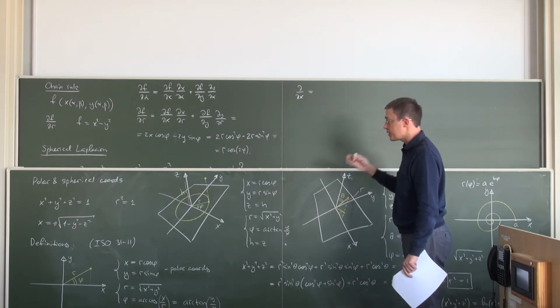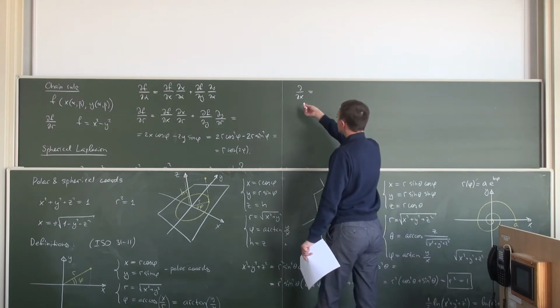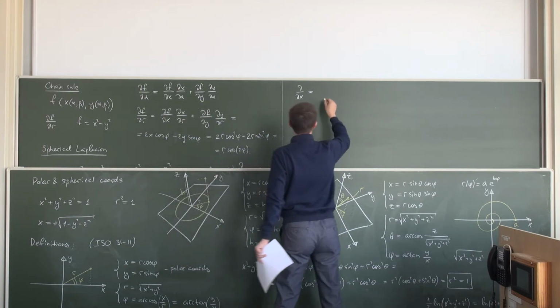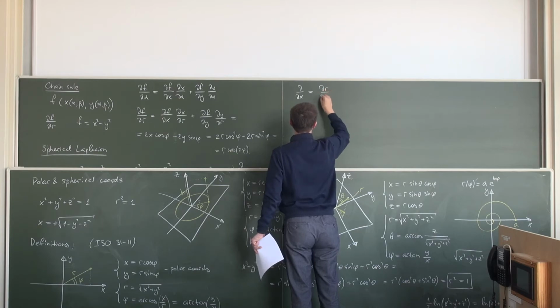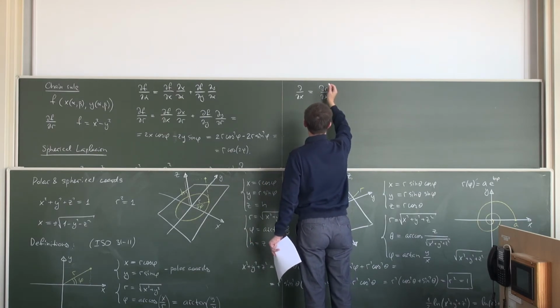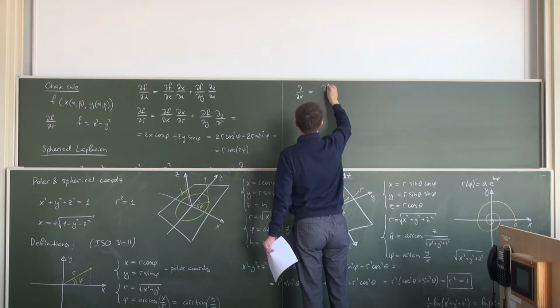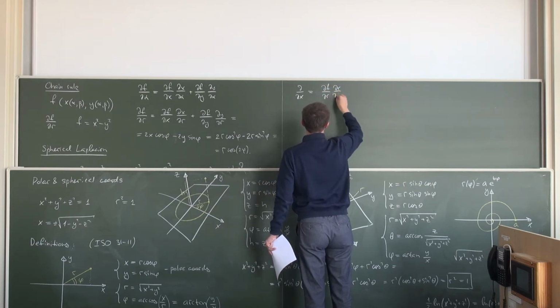Otherwise it can act on its own multiplier, and that would not be correct here. So what we have here is therefore, we need d by dr. So we have dr by dx, and no, wait a minute. So we have df by dr, dr by dx.